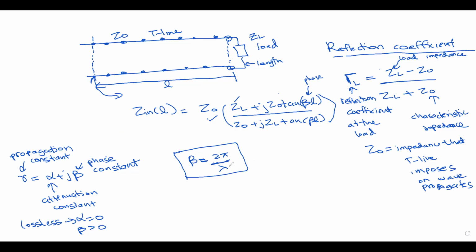So the beta value can be found if you know the value of lambda. The lambda value can be found if you know the value of frequency, right? So C equals F lambda, right?